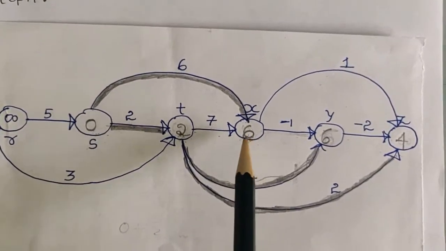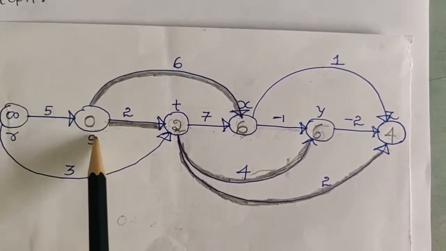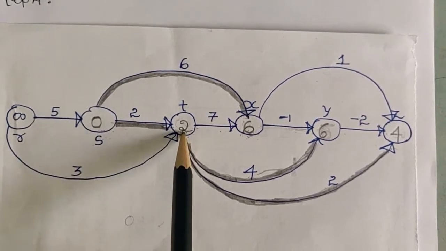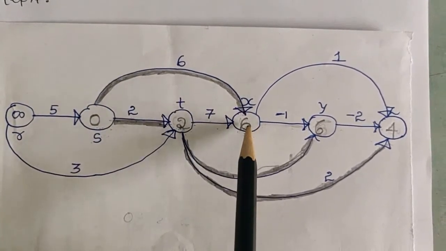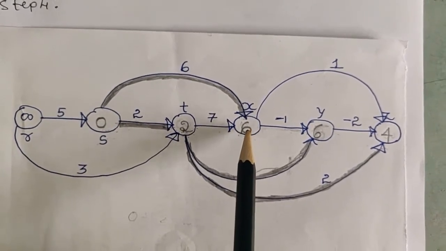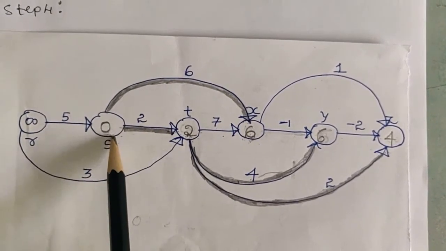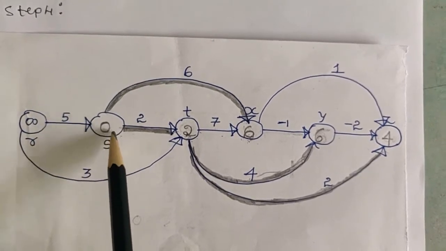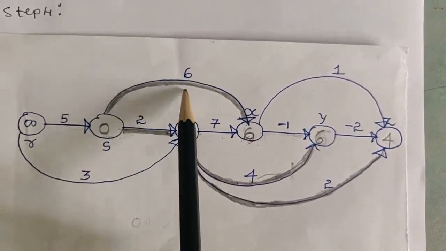Now we are going for the X node, as we are done with the source node in the first step, and in the second step we are done with the T node. Now we are going for the next step, that is step number 4 for the node X. Now we could reach this X directly from the source node, as we have the shortest path of S to X with a value 6.